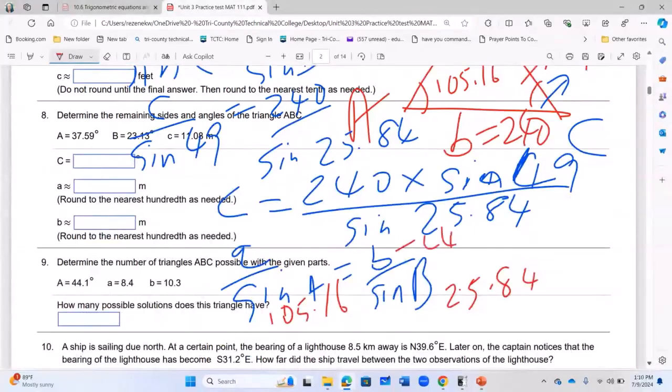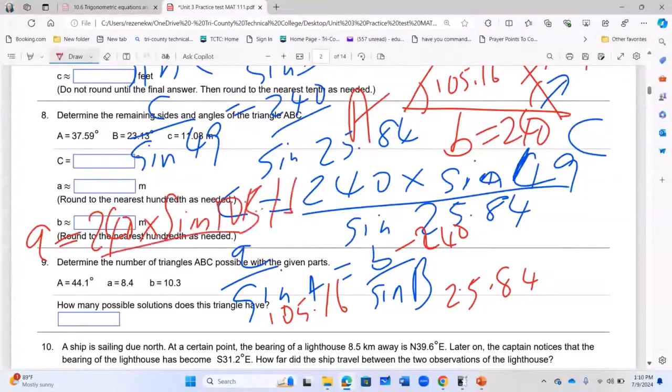So now we can solve for A. Therefore, A is equal to, cross multiply here, 240 multiply sine 105.16 divided by sine 25.84.